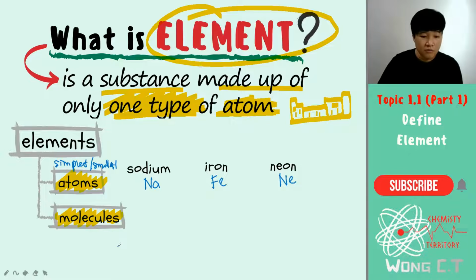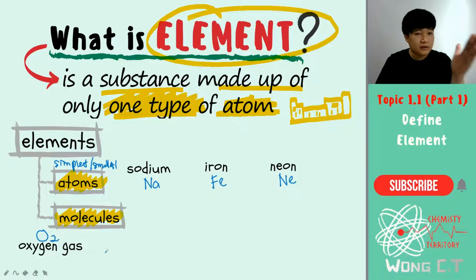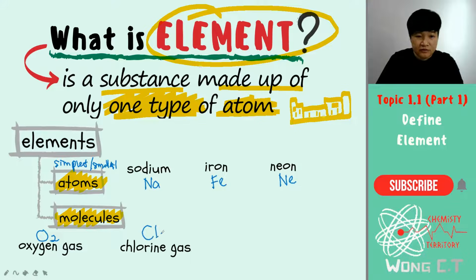Okay, while a molecule is when you combine the same type of atom. So oxygen gas, you have your O2 over here, you combine your oxygen plus oxygen, same type. Chlorine gas, Cl2, combine Cl. Next, you have your nitrogen gas, you have your N2.